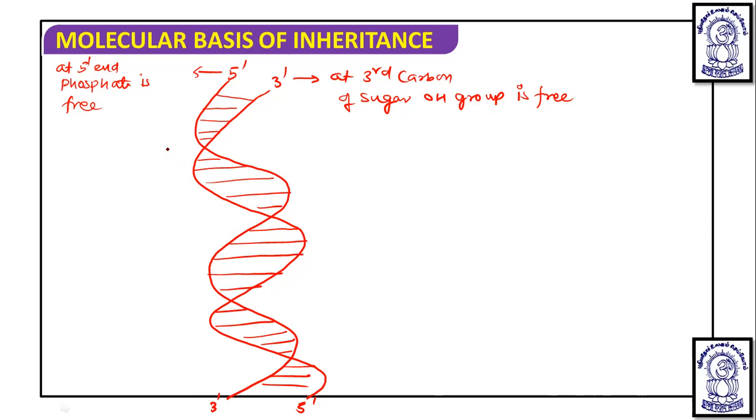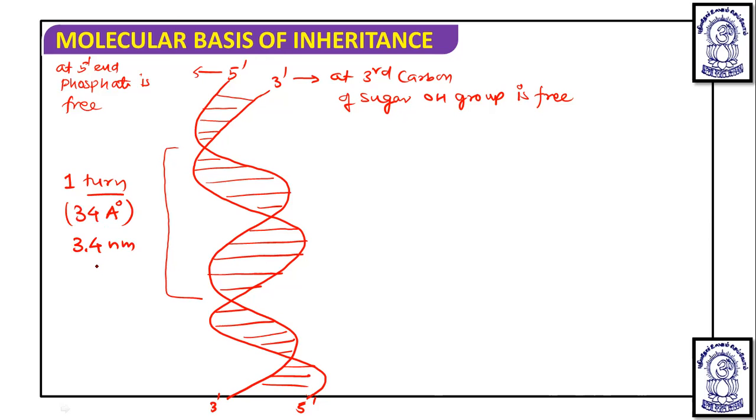So here, if you see this particular one, it is one turn of DNA. And in this one turn, the length is 34 Angstrom, okay, which means 3.4 nanometer.